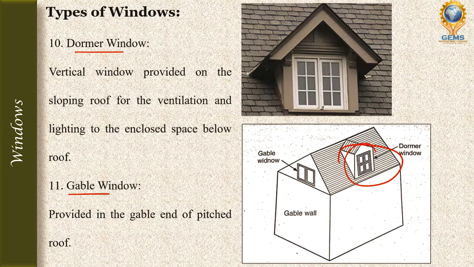Dormer windows are provided on a sloping roof only, for ventilation and lighting to the enclosed space below the roof. To give this room light and air, we provide the dormer window. If the same window is provided on the gable end of the pitched roof, we call it a gable window. The purpose is the same.